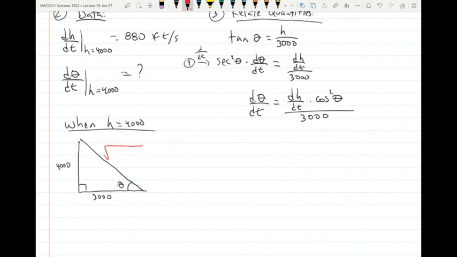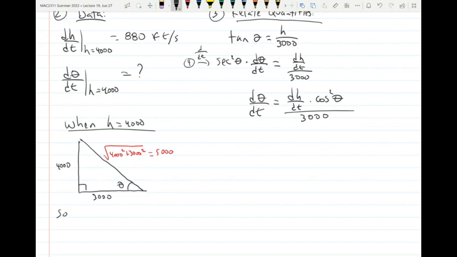That would be the square root of 4000 squared plus 3000 squared. Yes? So what is that? 4000 squared plus 3000 squared, and then square root, that's 5000. Okay? So the hypotenuse is 5000, so we can easily figure out cosine.